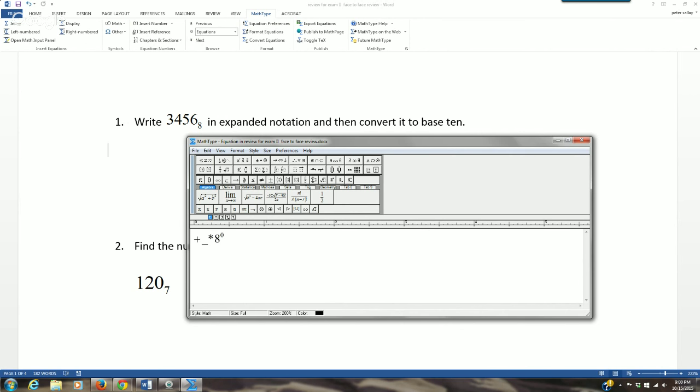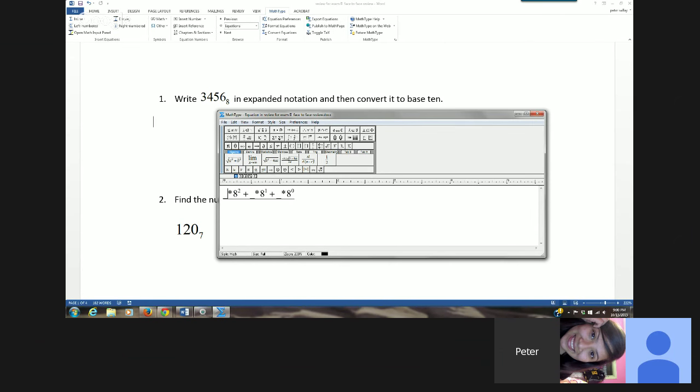And then it's 8 to the first power times something. And then it's 8 to the second power times something. So we're essentially trying to fill in the blanks here with different powers of 8. And I got one more, because I know this one goes out to 8 cubed.